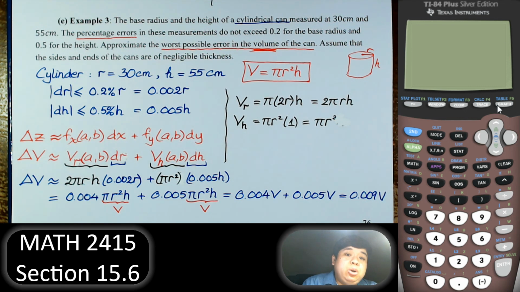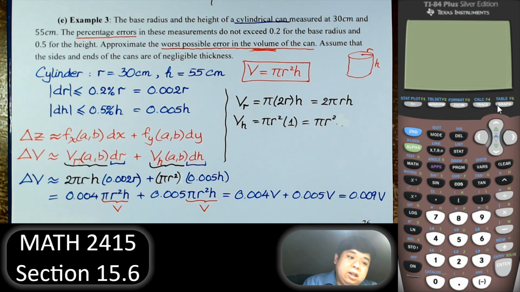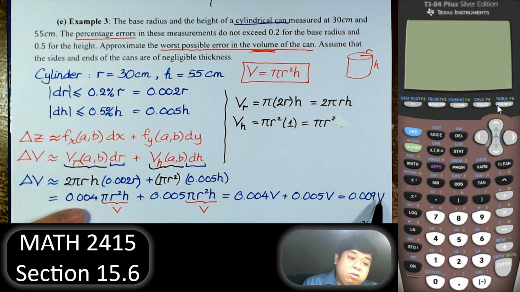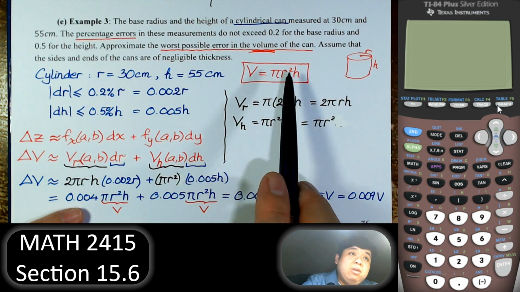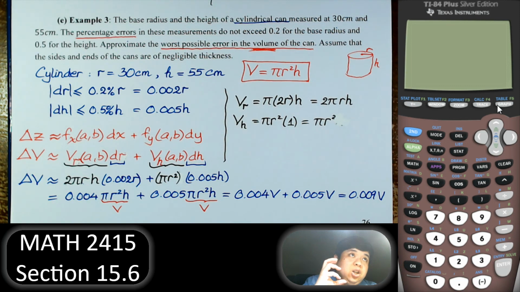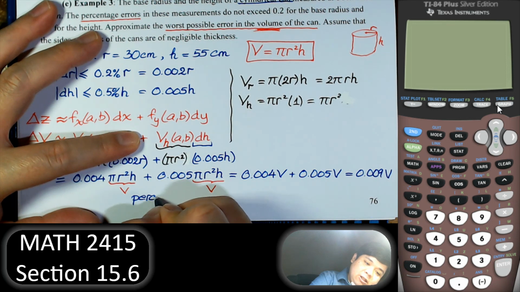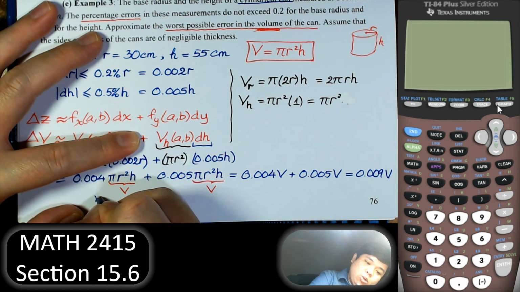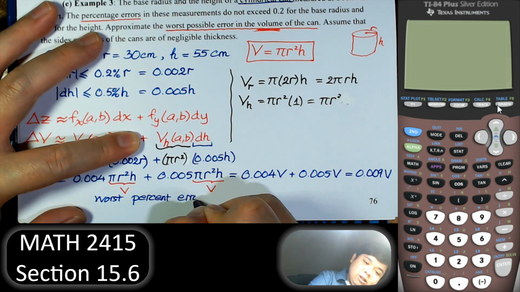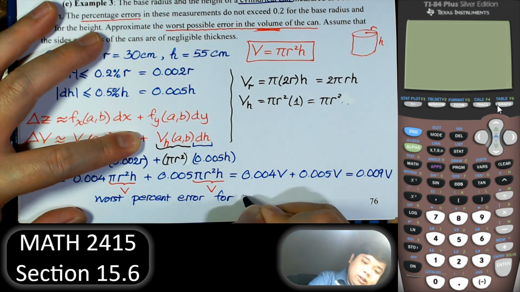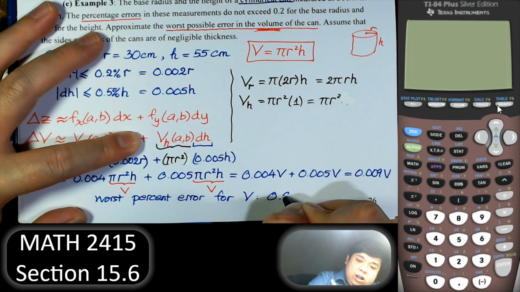And if we want to, we can find the volume, put 30 and 55 in here. We can actually find the worst possible error, not the percentage error. So the worst percent error for the volume is 0.9%.